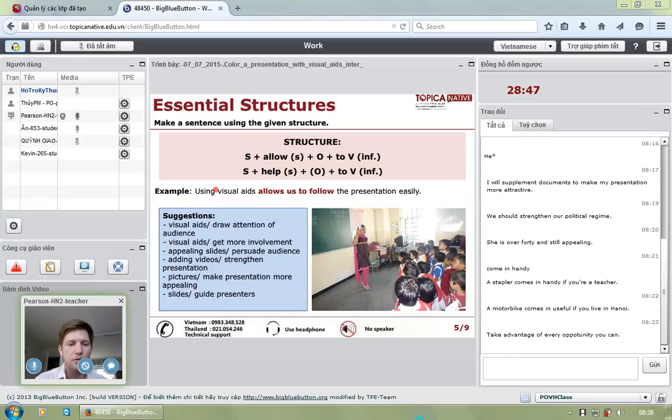And since there's only the two of you today, let's do one more. Can you use the structure one more time? Pictures allow us to make presentation more appealing. Okay, pictures allow us to make a presentation more appealing. Okay, good. And Zhao, one more from you. Yes, appealing slides allow us to persuade the audience.